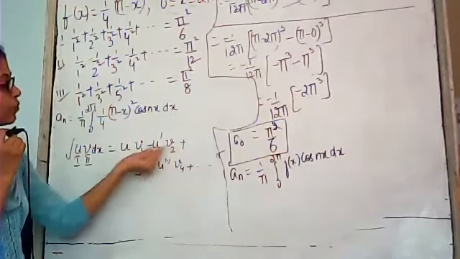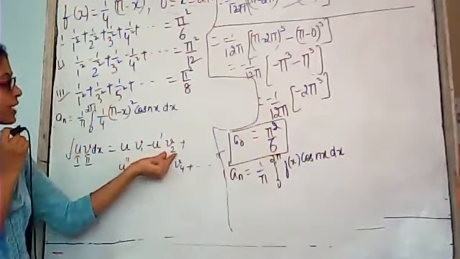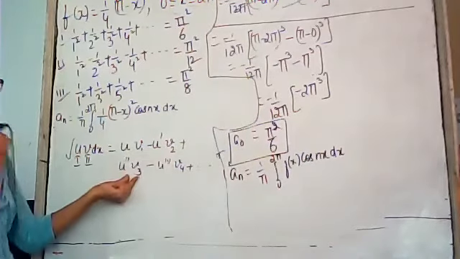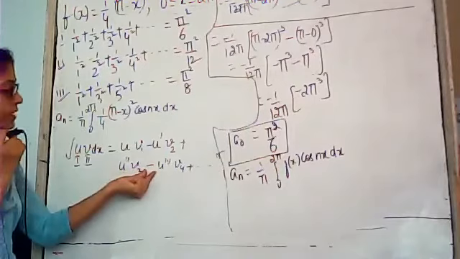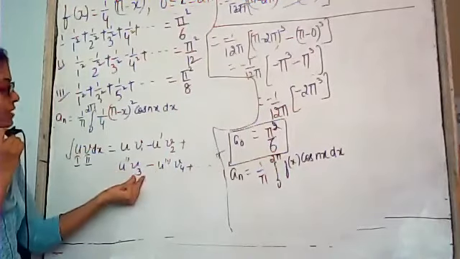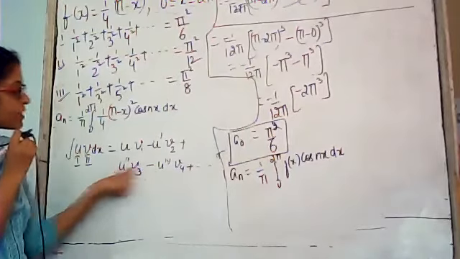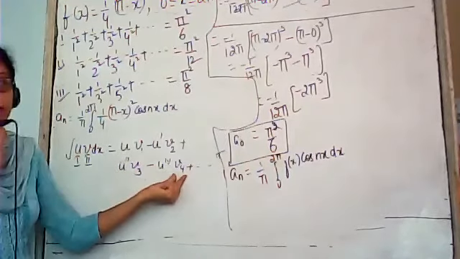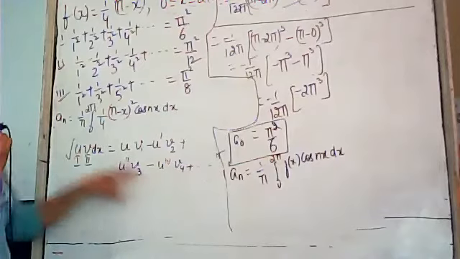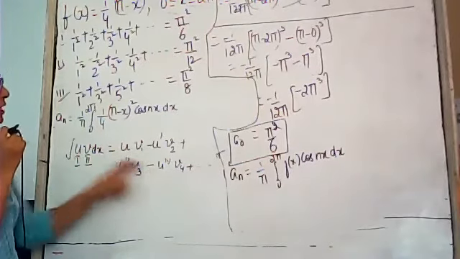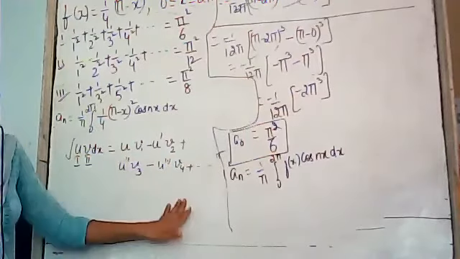Again, differentiate the first function and integrate the second function. Again, negative sign. We will use alternate signs: positive, negative, positive, negative, and so on.